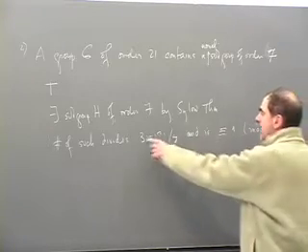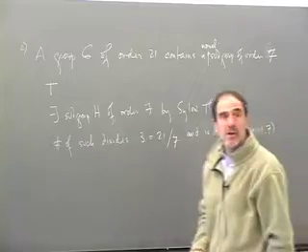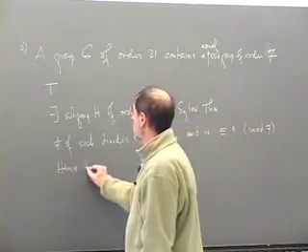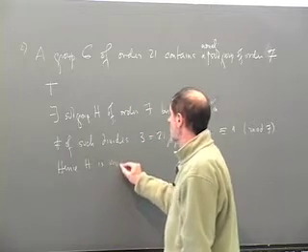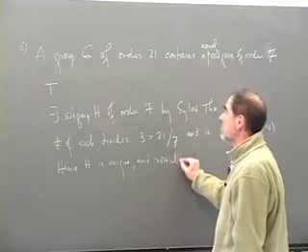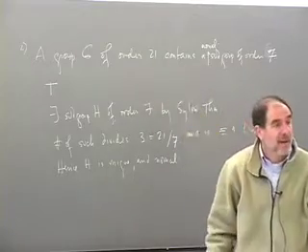And the only number that divides 3 and is congruent to 1 mod 7 is 1, so there's only one of them. Hence, H is unique and normal. So that would be enough of a justification for a statement like that.